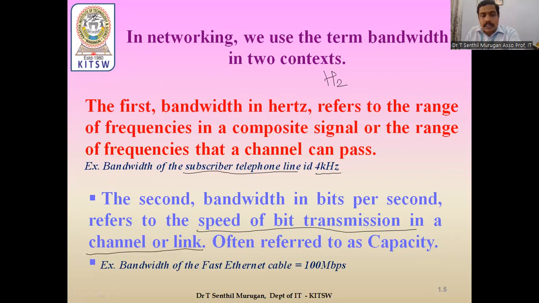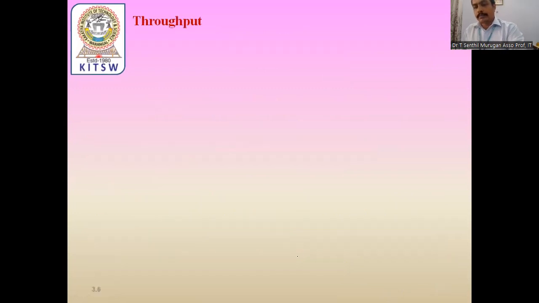For example, a fast Ethernet cable has the capability of 100 megabits per second. So the capacity of the channel, that is, the bandwidth of the Ethernet cable, is 100 Mbps.